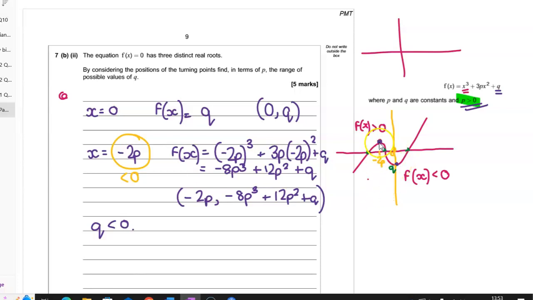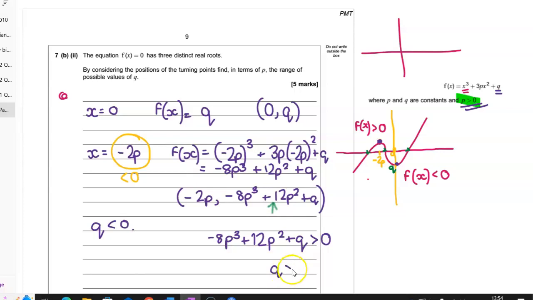Right, what about this one? That tells us that this coordinate up here must be positive. Again, it can't be equal to 0 because that won't provide us with 3 distinct roots. So this y coordinate here must be greater than 0. So minus 8p cubed plus 12p squared plus q must be greater than 0.